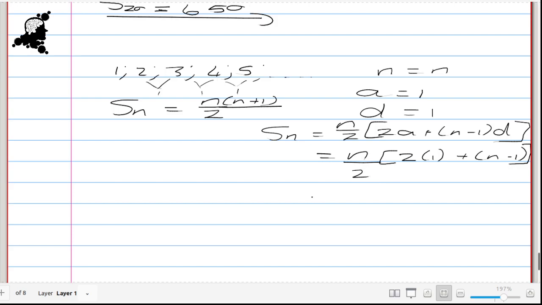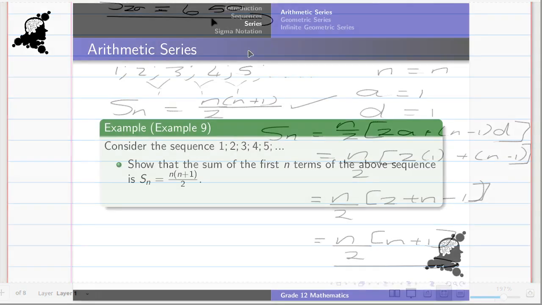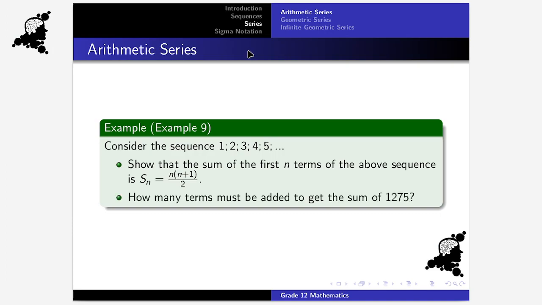But anyways, this is going to give me n over 2 into 2 plus n minus 1. Now, let me just match up with the brackets there. 2 minus 1, that's going to give us 1. So this is n over 2 into n plus 1. I'm done. There we are. We have proven exactly what they asked us up there. This was a very nice question, a very interesting question. Let's move into the next section.